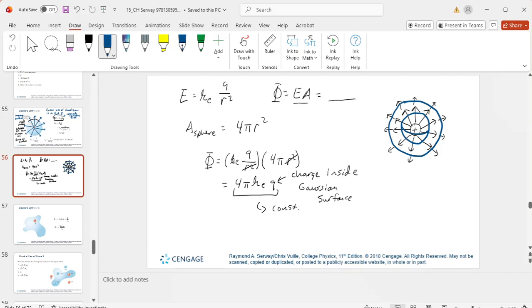Let's call the inner surface surface 1 and this surface surface 2. My claim is that the flux through surface 1 is equal to the flux through surface 2. And it's because this equation for the flux of a point charge is constant and it doesn't depend on position.